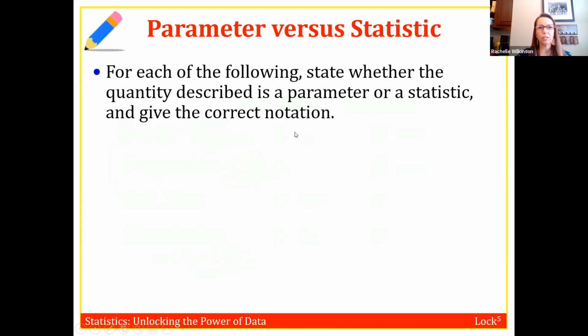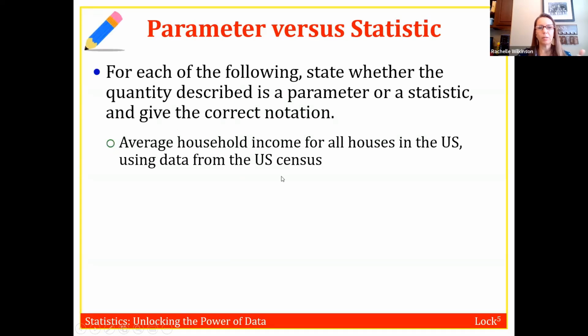Do you think that the parameter here should be mu, p, or rho? Yeah, great. We're looking at mu because we're measuring household income. Household income is quantitative. So because we're dealing with a quantitative variable, then we're looking at means, and the population mean is mu. So mu is the population parameter that we're looking at for this one.